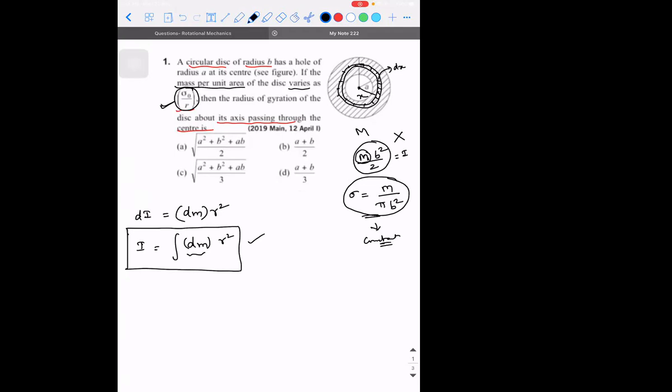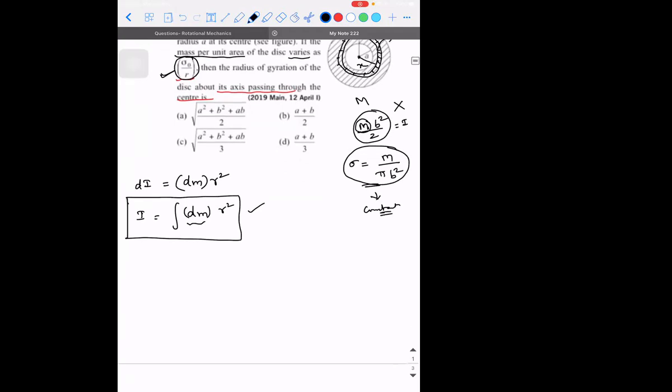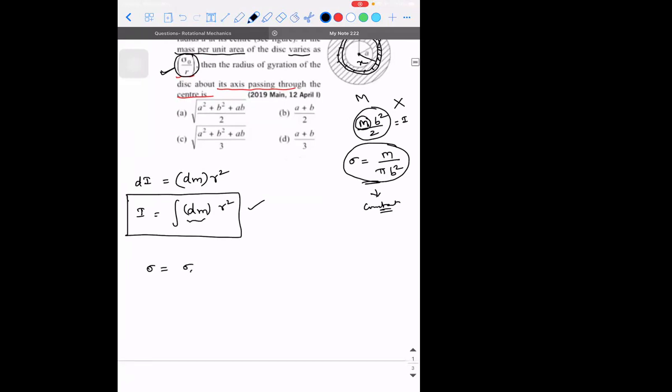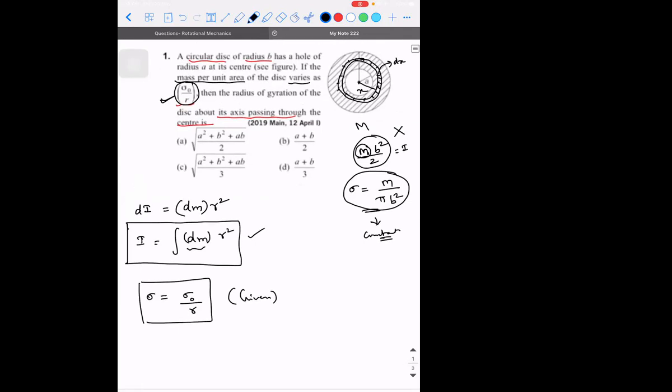Try to understand, guys. If I say that sigma is equal to sigma naught divided by r, okay, this is given. How do I find the mass that is present in this small area that I considered? What is the value of dm?